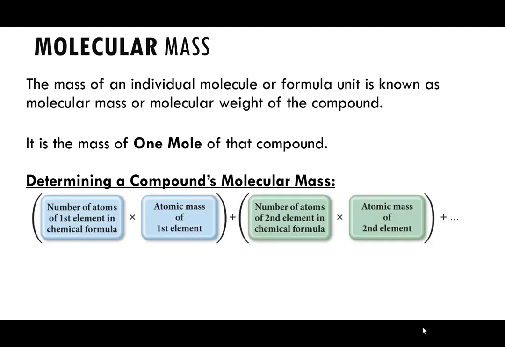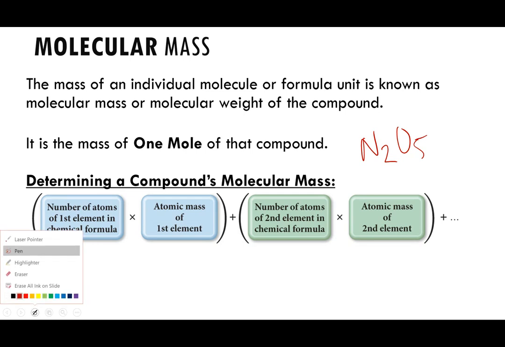This is the formula that your textbook gives, and I think that it's way more challenging than it should be, but I'll put it up here because it's from your textbook. But essentially what they're saying is when you have a formula, so let's use N2O5, okay?